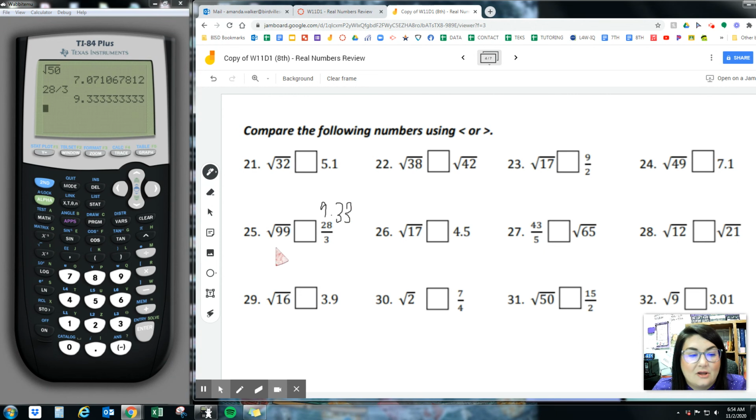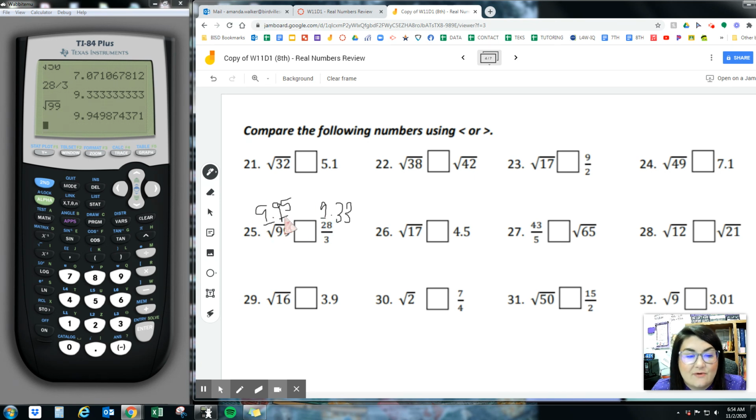And then we're going to compare that to square root of 99, which is 9.94. And actually, if I round up, it'd be 9.95. And you want to see which one is bigger. 9 is the same, so we can't compare with that value.